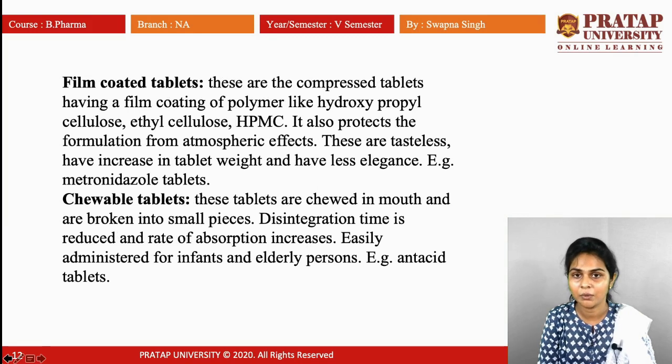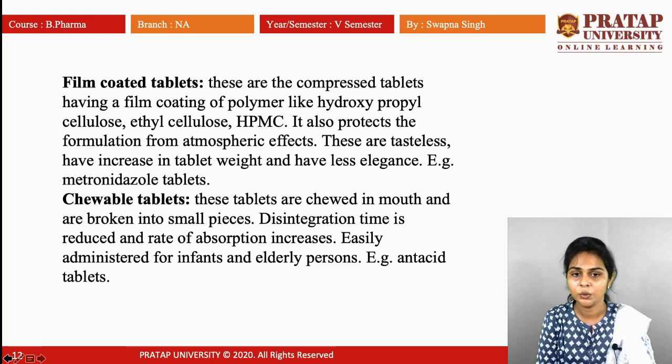This is also a compressed tablet having a film coating of polymer like hydroxypropyl cellulose, ethyl cellulose and hydroxypropyl methyl cellulose. These film coated tablets are prepared to protect the formulation from atmospheric effect. They are tasteless, have an increase in tablet weight and have less elegance. For example, metronidazole tablets.